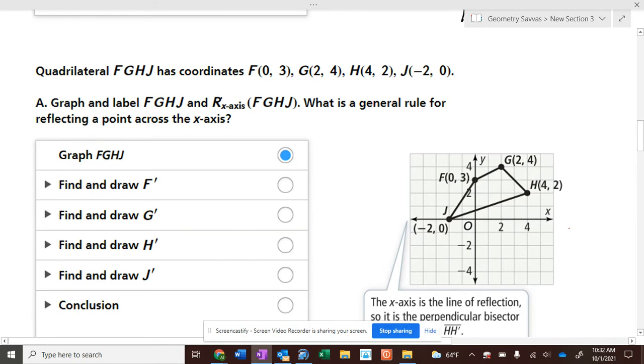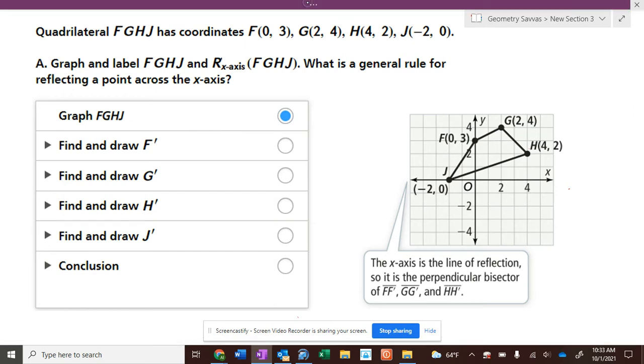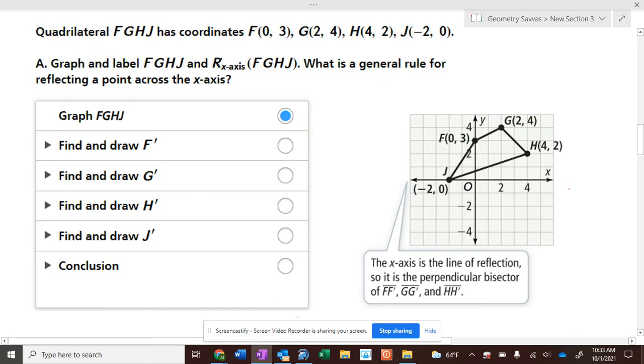When you have a graph, it makes it so it's easier to make a reflection. Okay? Here, we're going to reflect across the x-axis. So, (-2, 0), where does that go? The same place. It does not move.